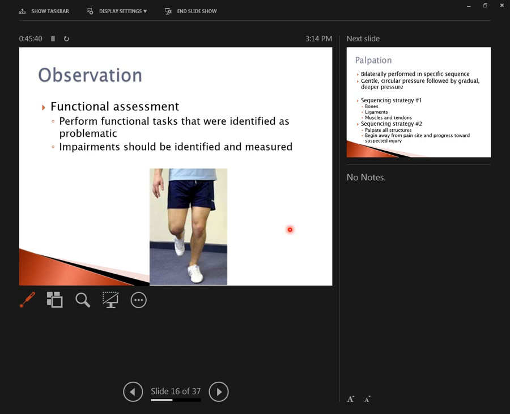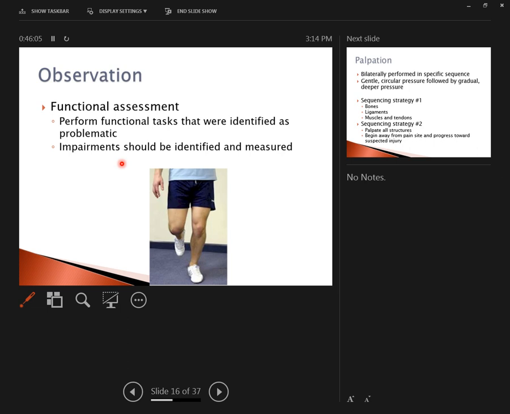Sometimes in the past, those of you who were in lower last semester, the McMurray's test for meniscal tear may or may not always be 100% accurate at diagnosing meniscal tear. So I have seen and actually done, I've had people who I thought may have had meniscus tear actually do a duck walk, where they get into a deep squat and they walk forward.